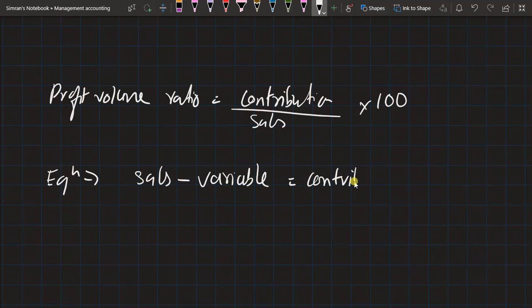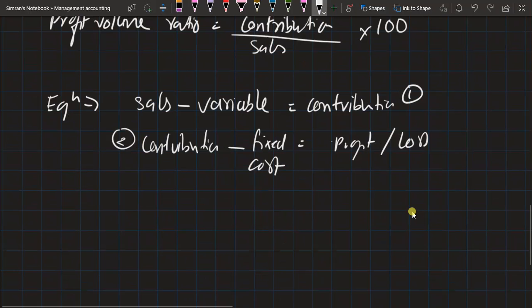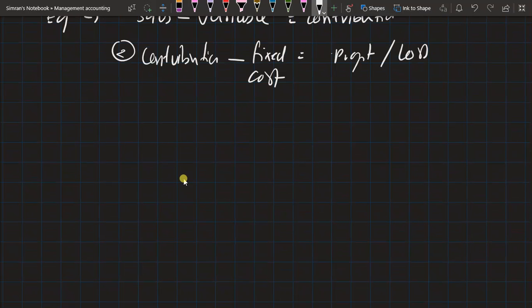Okay, so now comes the BEP, break even point. So for BEP what do we need? We need fixed cost, and divide it with PVR. Okay, and for margin of safety, for targeted profit of sales, we need BEP, the target divided by PVR.